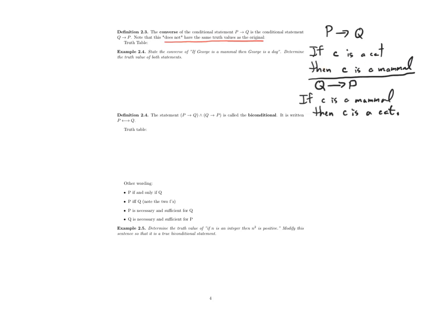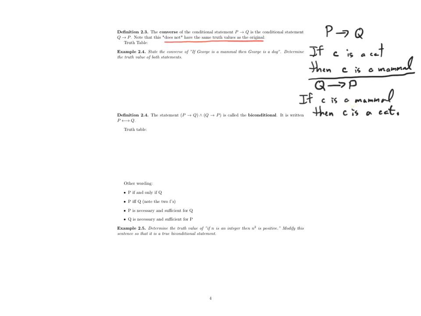But you could imagine situations where you have mammals that aren't cats. So maybe a dog, for example. That satisfies the if part, so the if part is true, but then the then part is not. So these are not logically equivalent.